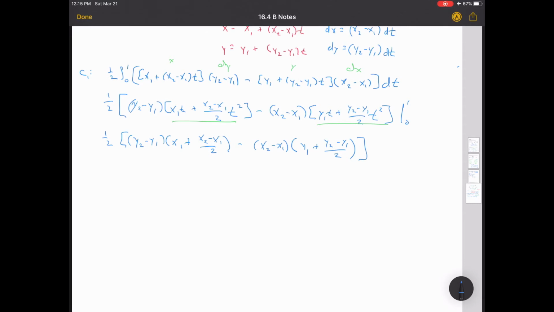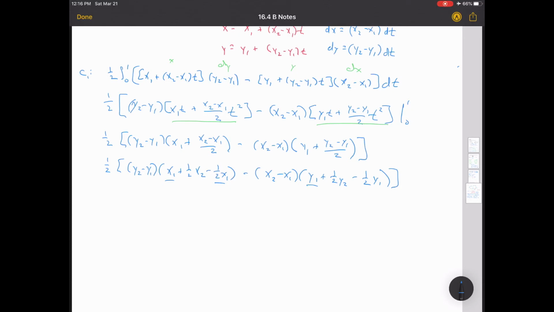So now I'm going to simplify a little bit of what's inside of here. So that's still going to be y2 minus y1. Now this is going to be x1 plus 1/2 x2 minus 1/2 x1. I'm going to be able to combine these two things in a second. Minus x2 minus x1 times y1 plus 1/2 y2 minus 1/2 y1.